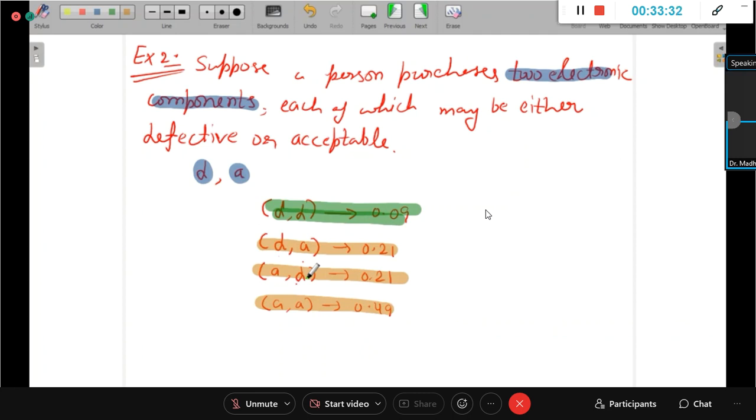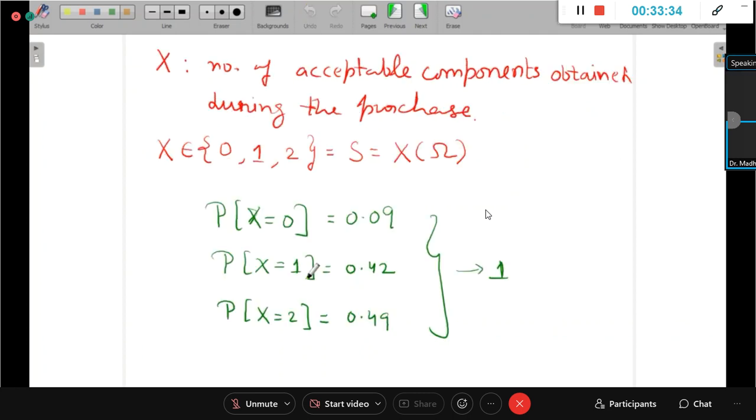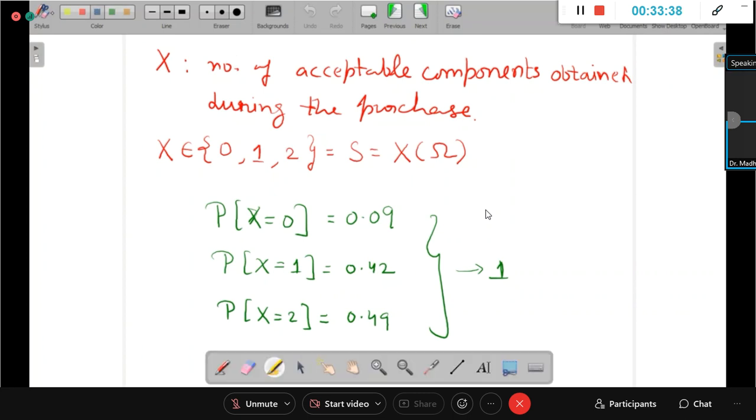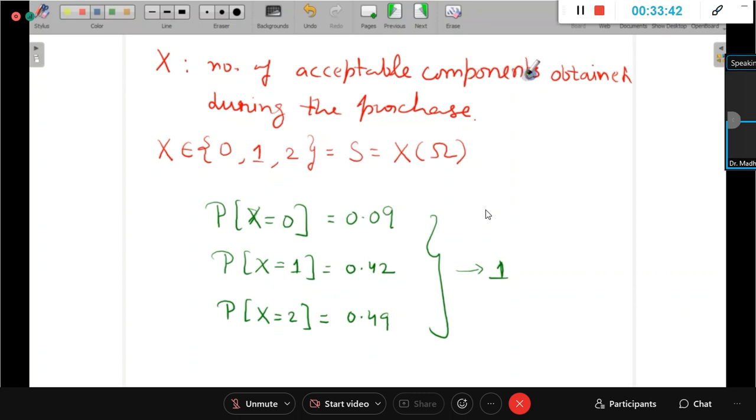Now you can define the random variable here as follows. Let's denote X as the number of acceptable components obtained during the purchase.